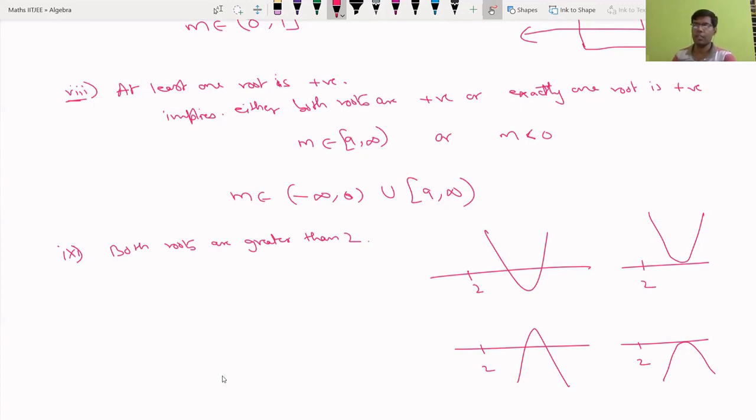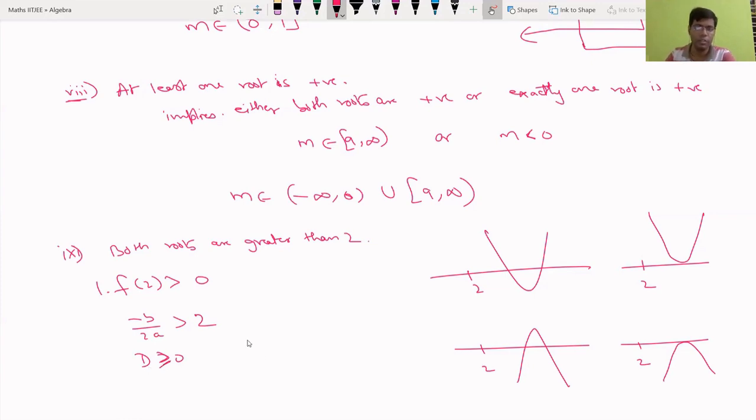Fine. So when both the roots are greater than 2, the conditions I'll have to use are a into f of 2, that is a in this case is 1, is greater than 0, and minus b by 2a will be greater than 2, and the third condition will be discriminant greater than or equal to 0.